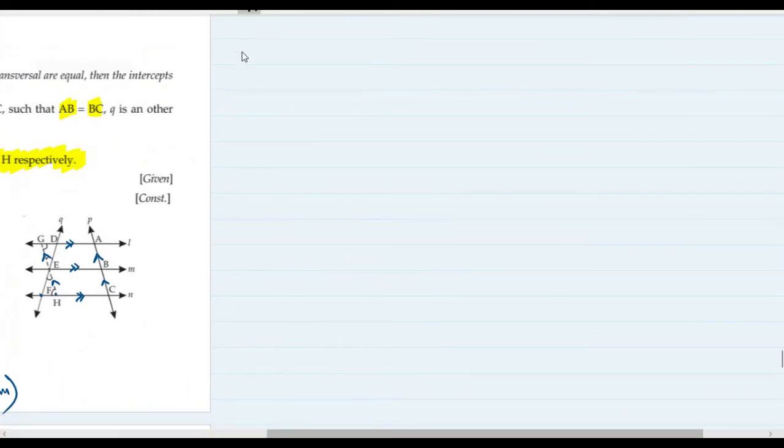So consider triangle GDE and triangle HFE. Triangle GDE and triangle HFE.